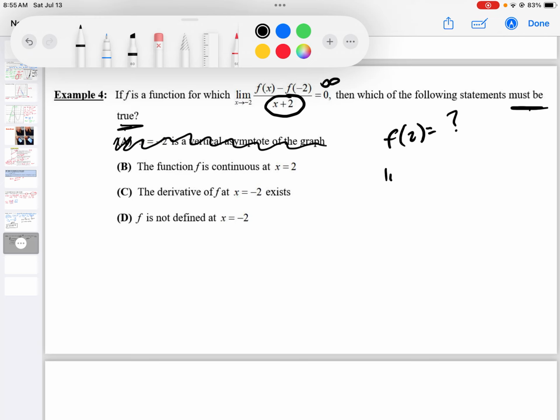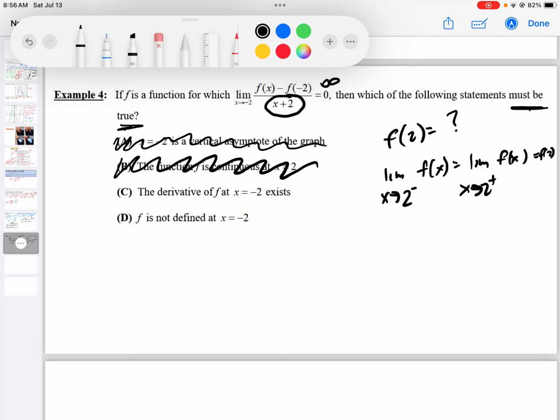I don't know what f of 2 is. Do you know what f of 2 is? Do you know the limit as x approaches 2 from the left is equal to the limit as x approaches 2 from the right is equal to f of 2? You don't know any of that, so no, that doesn't have to be true. It could be true, but I don't know for a fact.